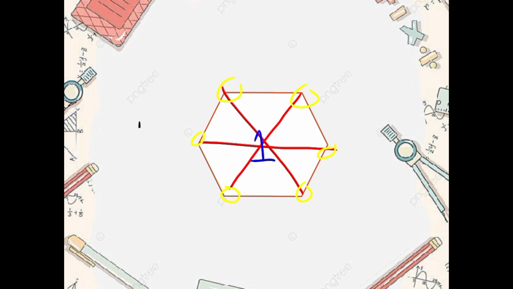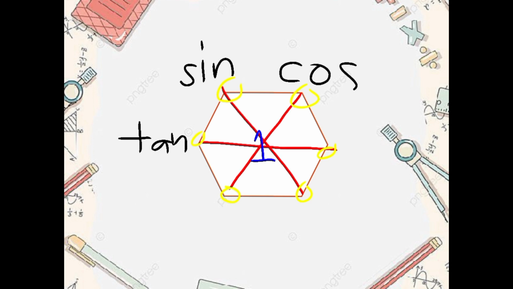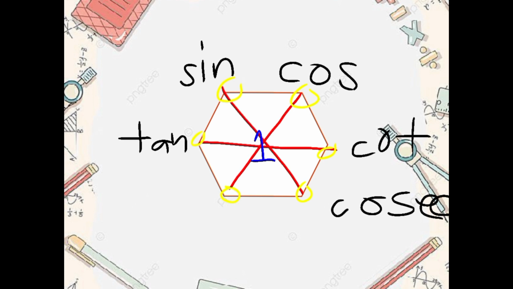So let's write tan, because tan is equal to sine by cos, and cot opposite to tan, and cosec here since all C's are on the side, and what remains is sec.